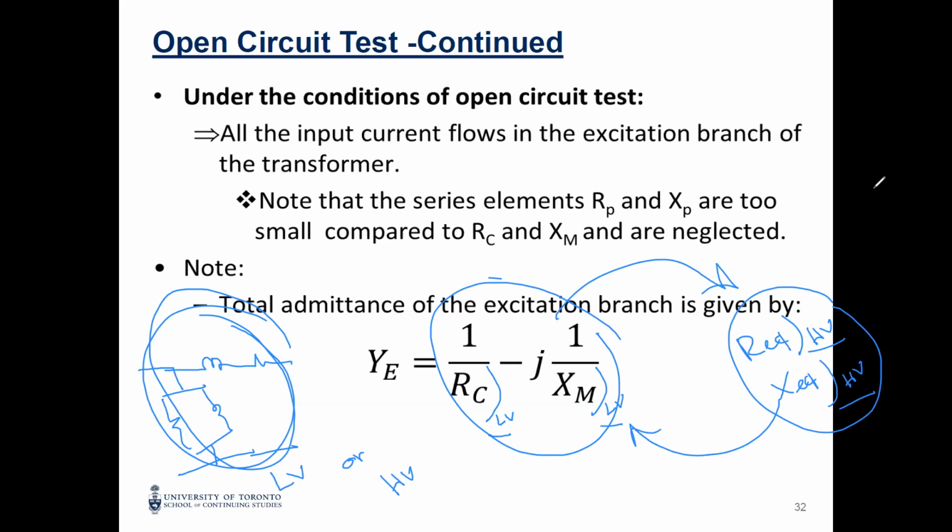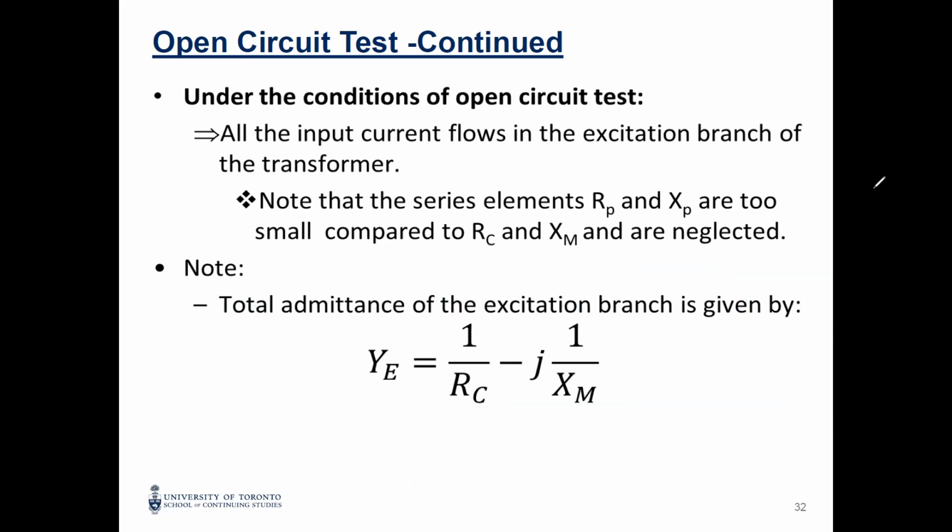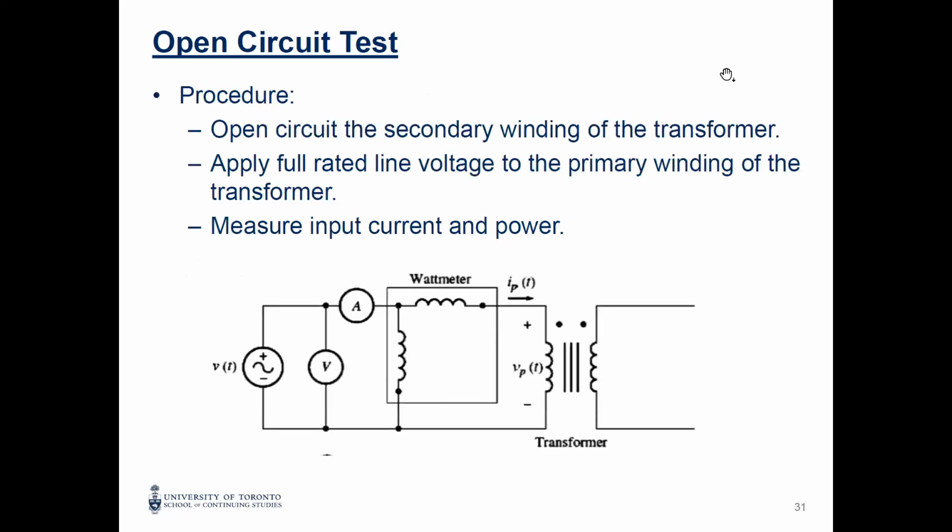Another important note, this is the last for the open circuit, is we said we are going to have meters at the low voltage, open circuit at the high voltage. In the exam, sometimes they change this. They can put the meters wherever they want.